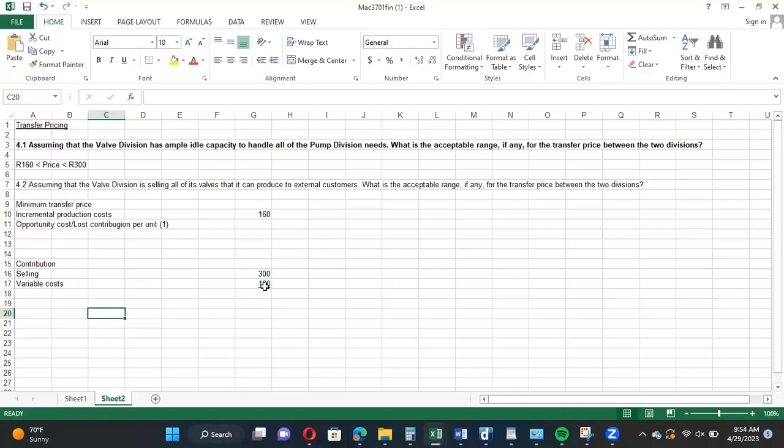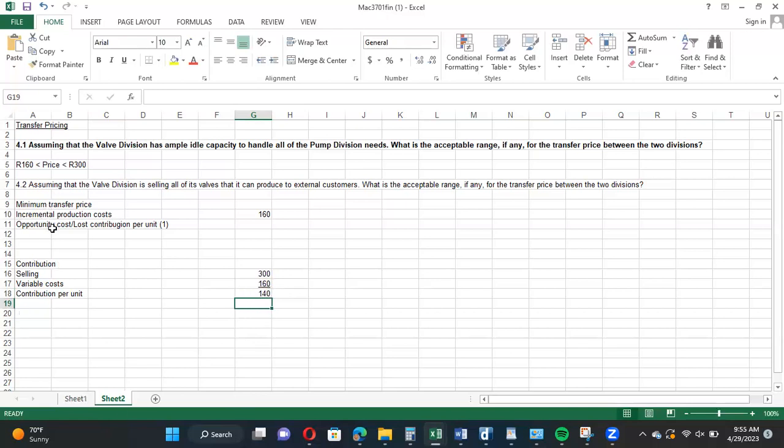So which means this here and that is not always the same, right? The difference being that to get your contribution per unit, you would have deducted your total variable cost per unit there. So which will include non-manufacturing costs. Right. So the contribution per unit there is going to be 300 minus 160. So it gives us that there.